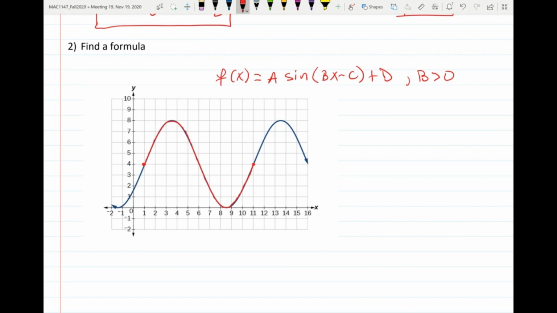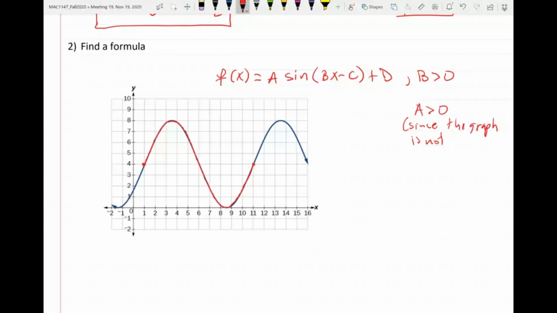We are not flipping, so you immediately know that a is positive, since the graph is not reflected. Do you understand this? This is important because once you know the amplitude, you need to use the sign of a to figure out what the actual number is. Okay, so now let's begin.